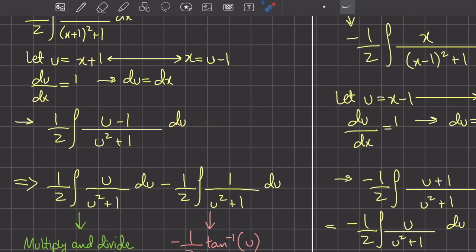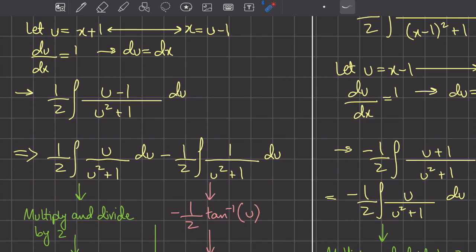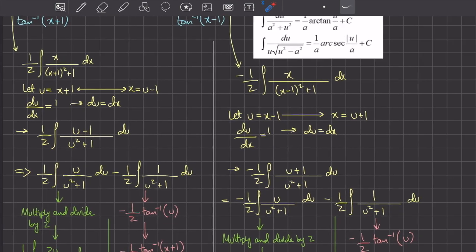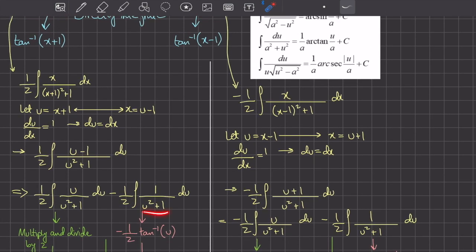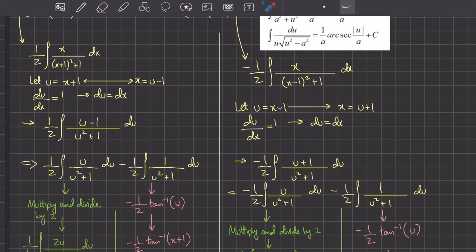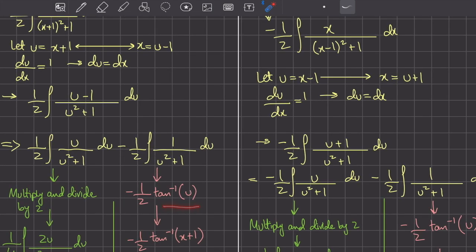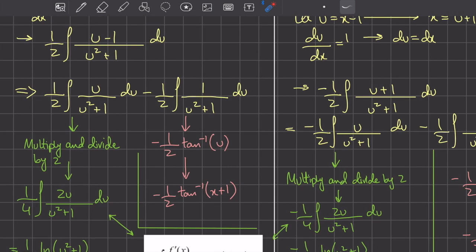Then again, we can split this into two more terms, u over u squared plus 1 and 1 over u squared plus 1. The second one can be done directly using tan inverse, so it is negative 1/2 tan inverse of u. Plugging back in the value of u gives half tan inverse of x plus 1.